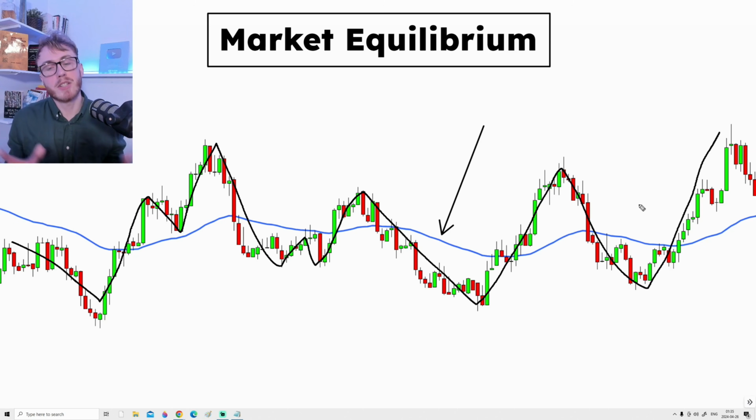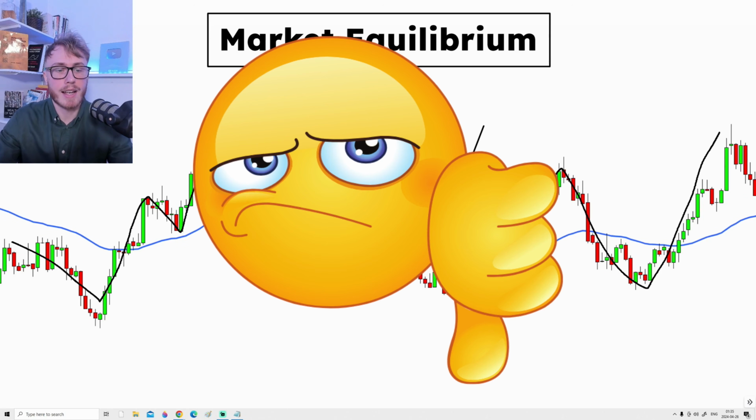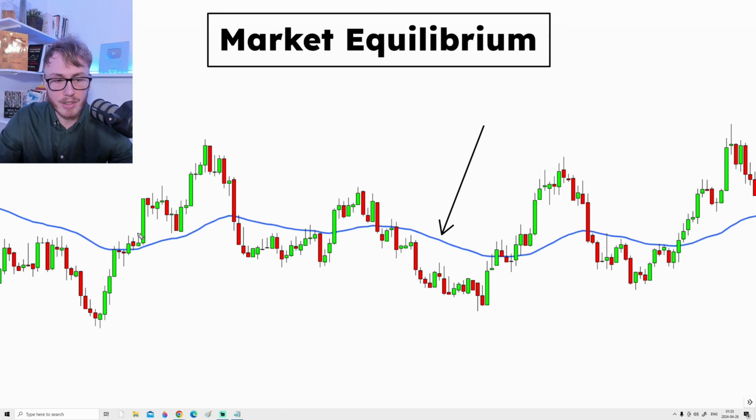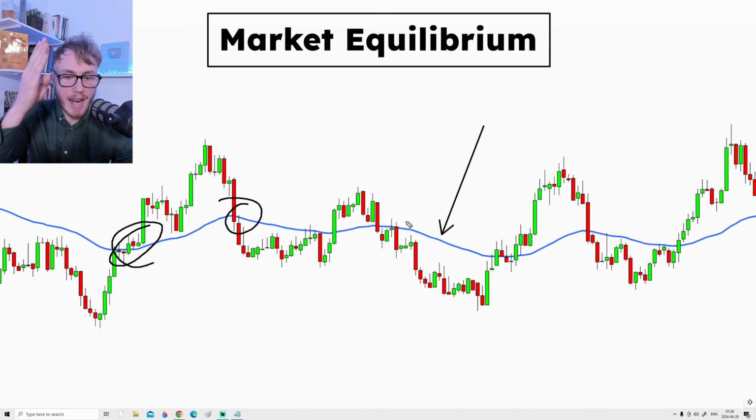The first thing you can notice here is in this example, when the price is sort of going sideways, you can see that this moving average works very poorly as support and resistance. You can see that it broke it right here, it broke it right here. The moving average failed to hold support and failed to hold resistance pretty much all the time.